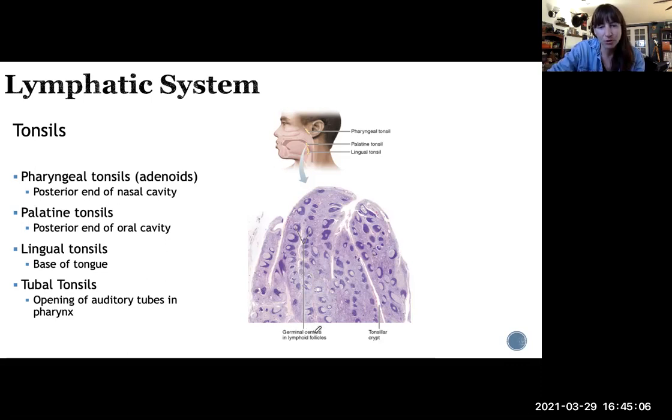But you've got these germinal centers or lymphoid follicles, which again are just places for your lymphocytes to divide. So you've got your immune cells in here already. You've got these invaginations, or tonsillar crypts, in your tonsils where bad pathogens, or I guess I should say antigens, can get caught down inside and basically not have any way to escape your immune system.